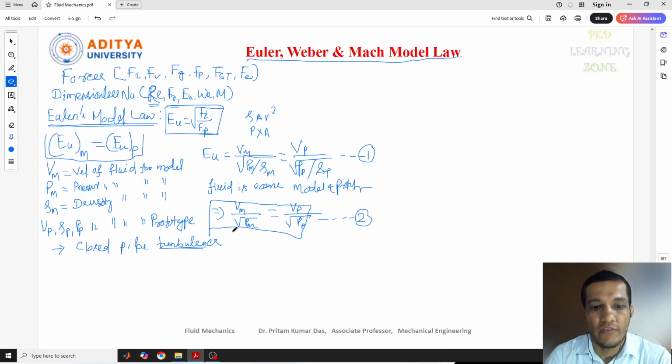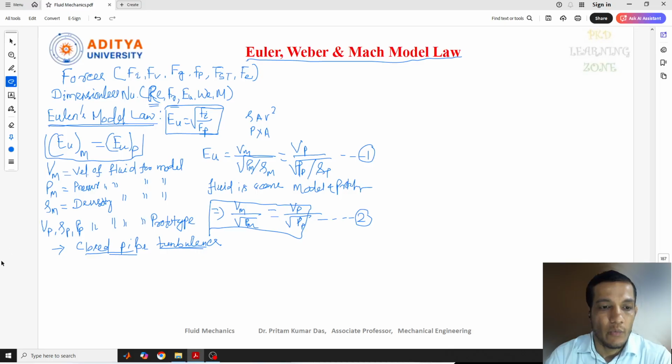Gravity force and surface tension force will also be absent in that position, so a closed pipe with turbulent flow is one example. It is also applicable when cavitation takes place. So these are some applications of Euler's model law.